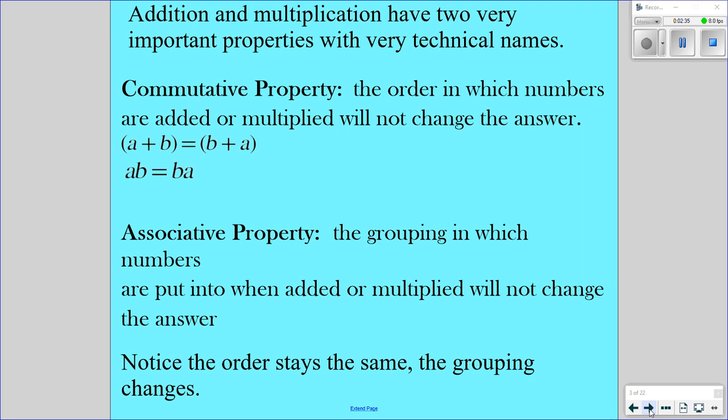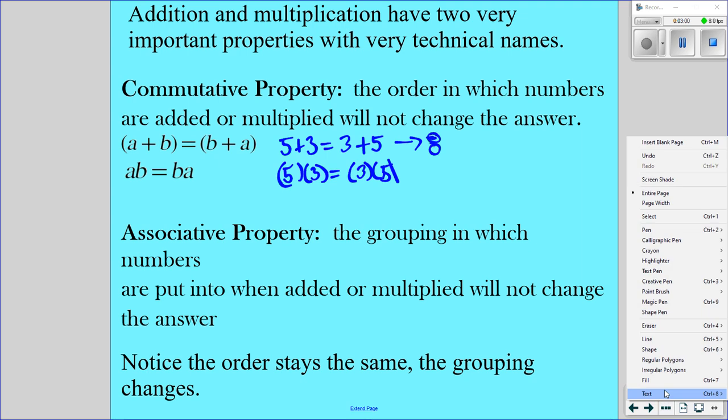So if you had numbers, 5 plus 3 will also equal 3 plus 5 because it gives you 8 for both of them. And then when you multiply, I don't know why my 8 is weird. So if you had 5 times 3, it will also equal 3 times 5.